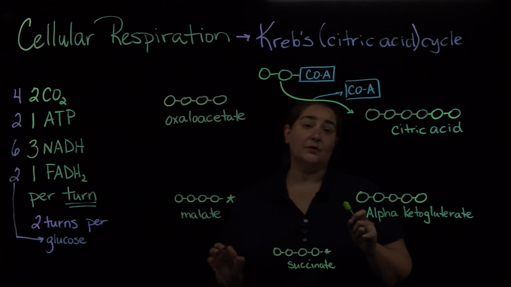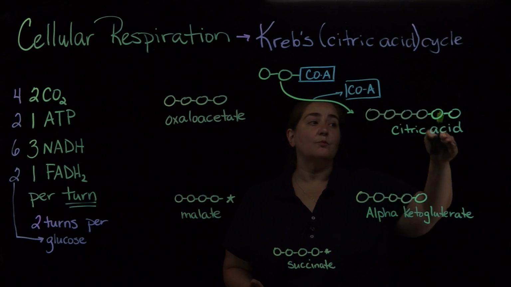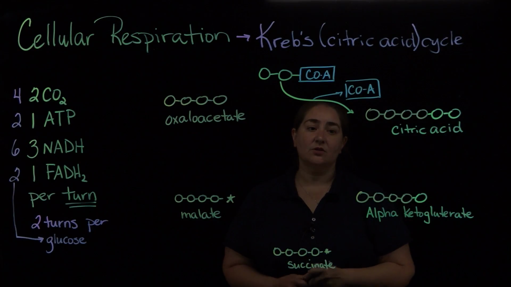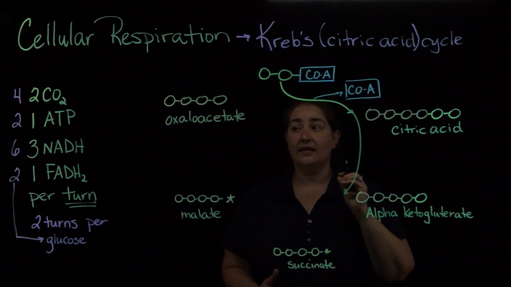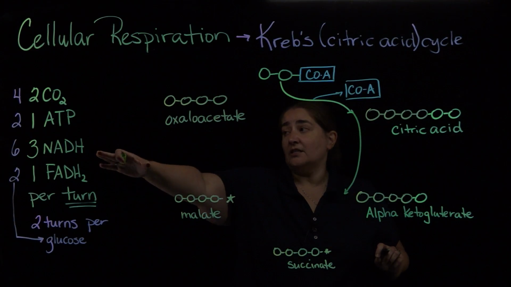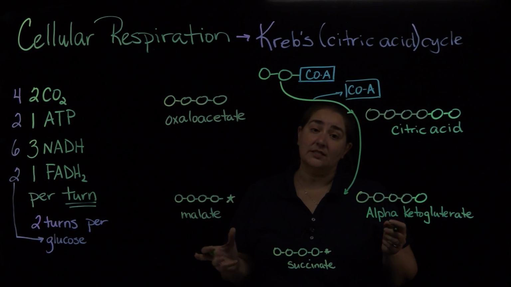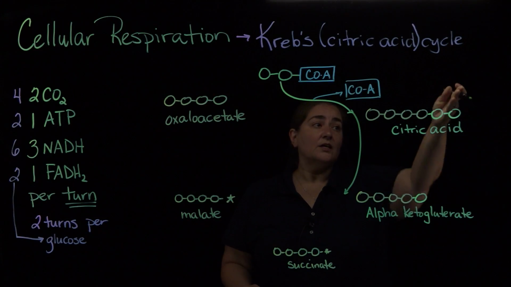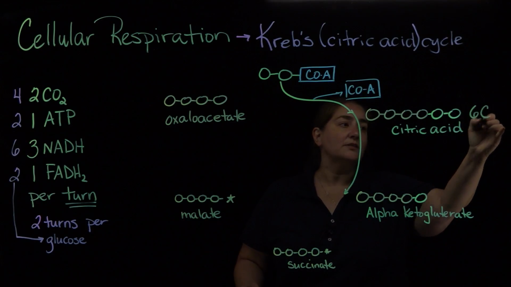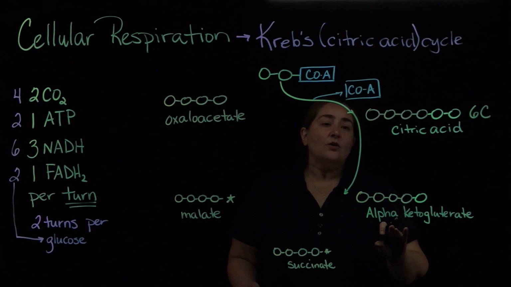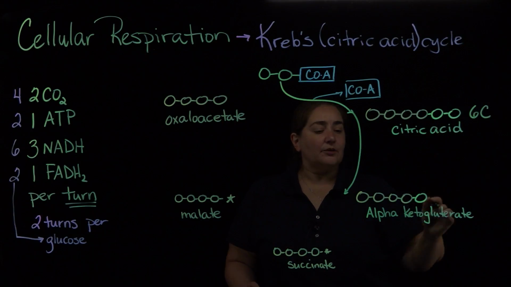Then what we're going to do is remove each of these carbons to generate some other products and generate our NADH, our ATP, and our CO2, okay? So because now we've got 6 carbons, we're going to lop off one of those carbons.